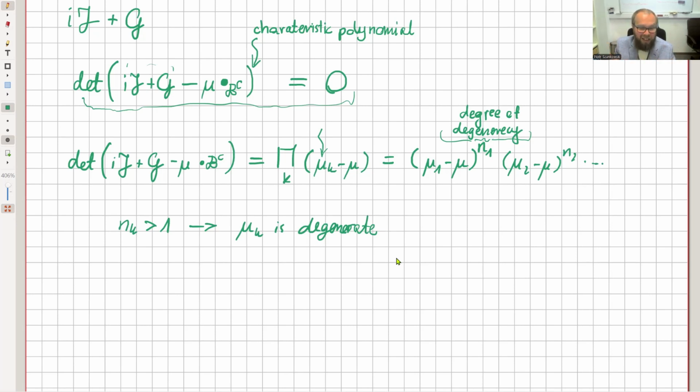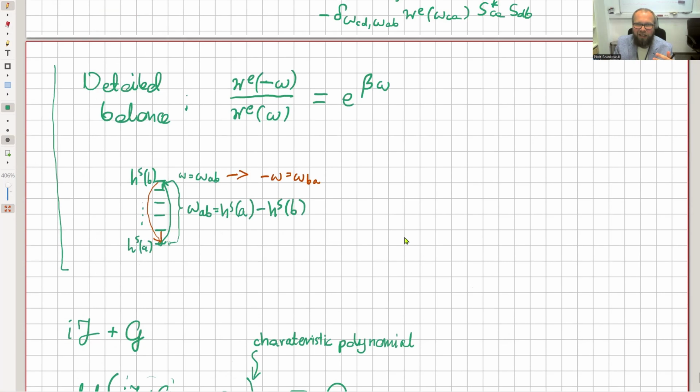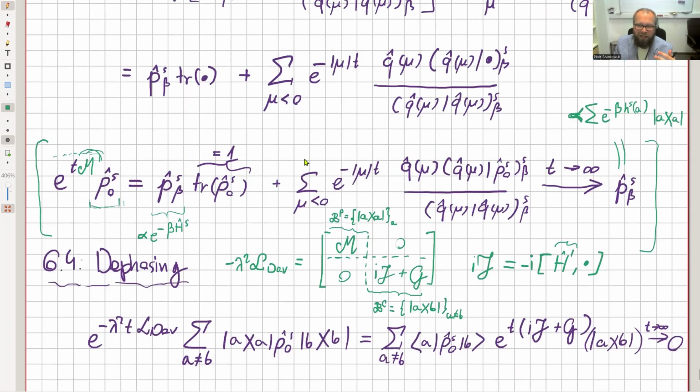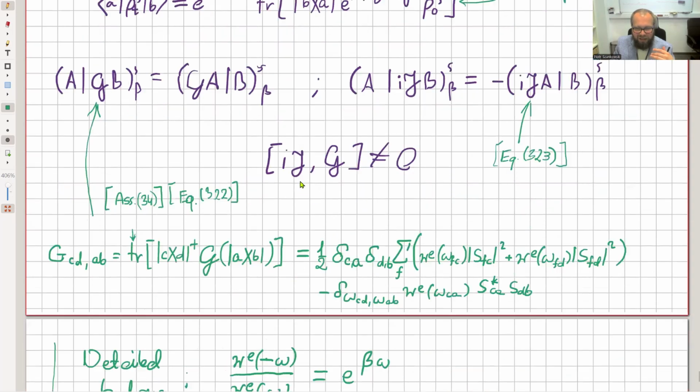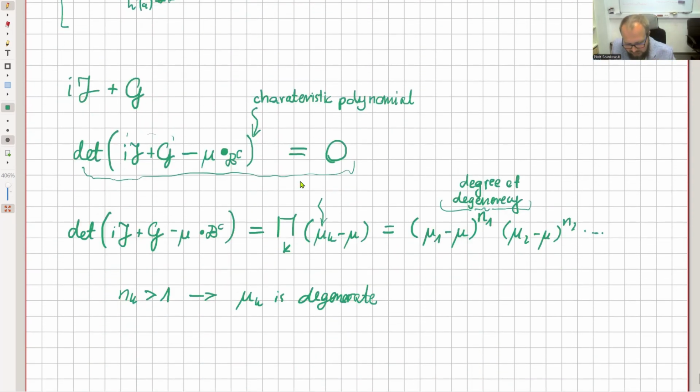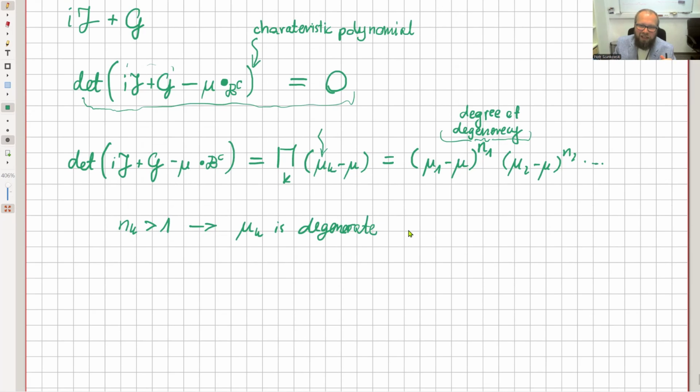Then you cannot do this very nice eigenvalue decomposition for the dynamical map. If the number of eigenvectors doesn't match the degree of degeneracy of the corresponding eigenvalue, you call the matrix defective.